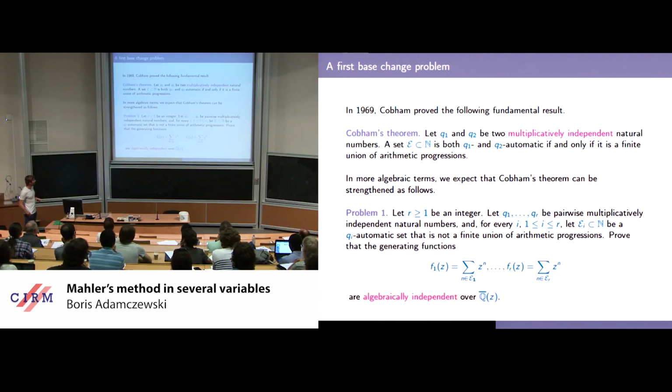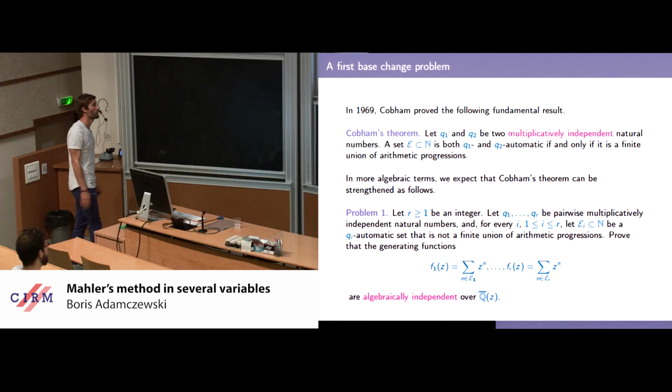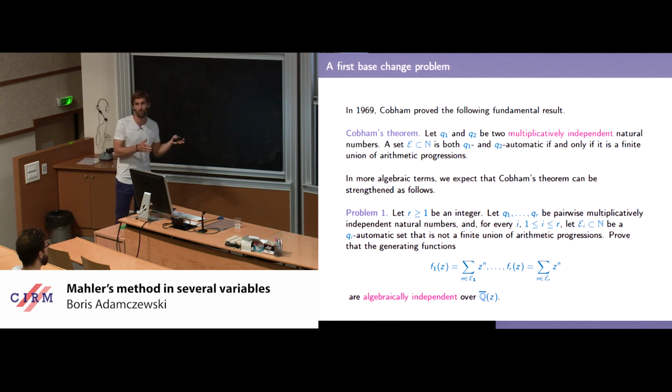Then the conjecture, the problem, is to prove that the corresponding generating functions are always algebraically independent. So we move from this question of representing natural numbers to a question about transcendence and algebraic independence of functions.